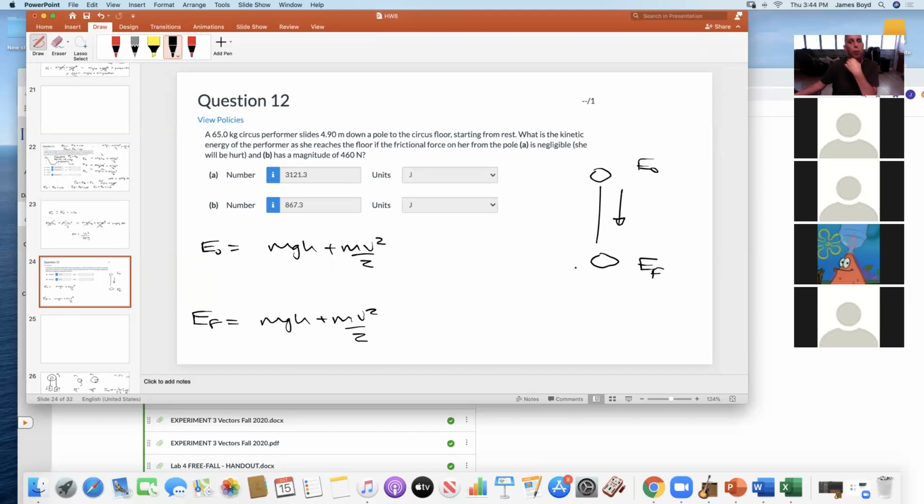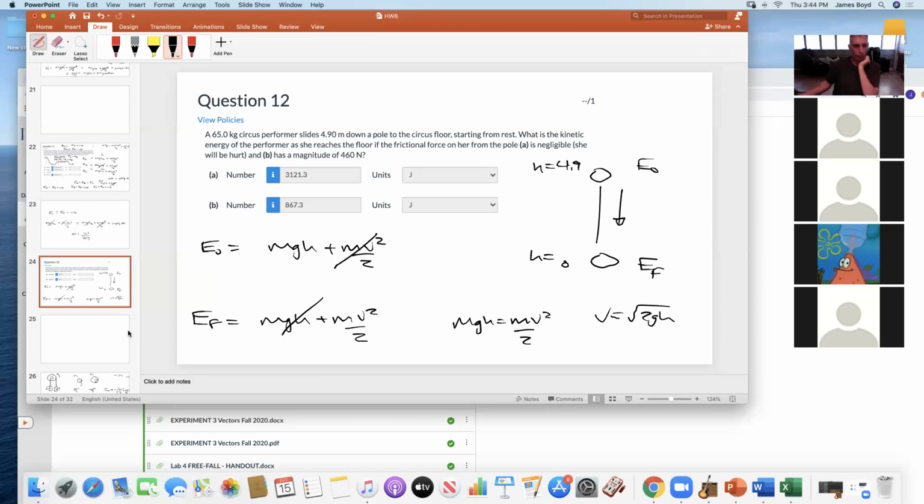We're going to assume h is 0 at the bottom and h is 4.9 at the top, from rest. And therefore we get that mgh is equal to mv squared over 2. The m's cancel, v is root 2gh.